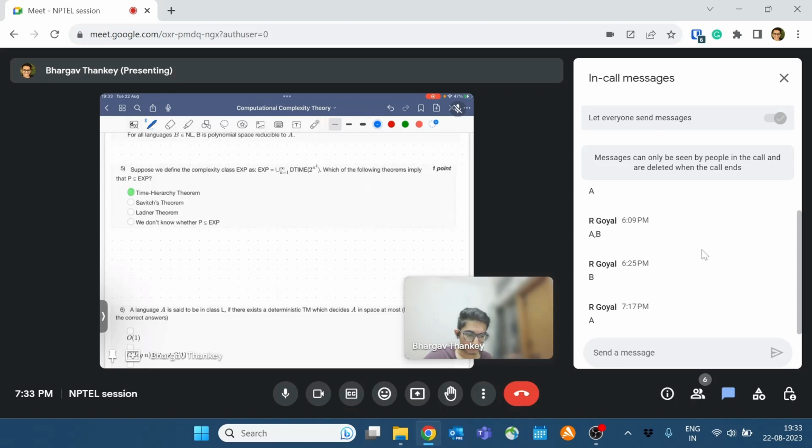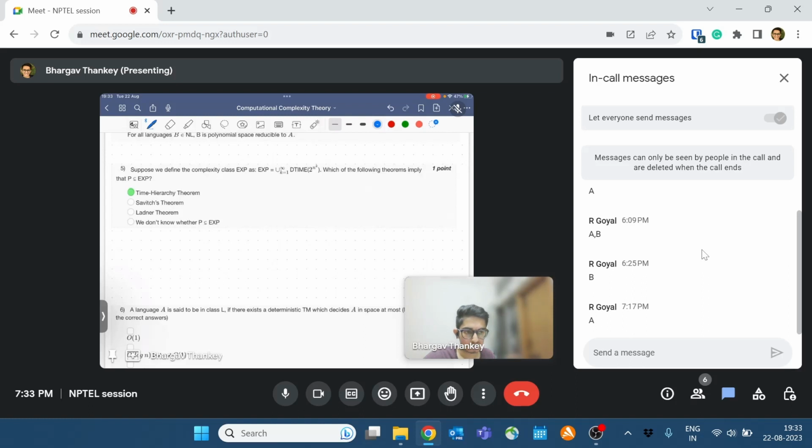The complexity class has been defined like this: the union of this thing, and we want to show that P is strictly contained in EXP. So 2 raised to the power n. If I put the value of n equal to 1 here, it becomes 2 raised to the power n, 2 raised to the power n square.